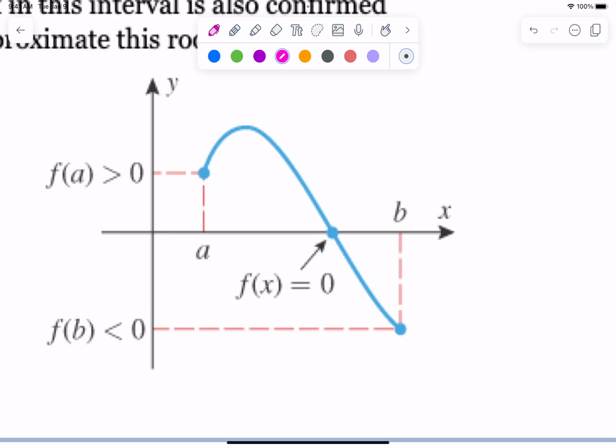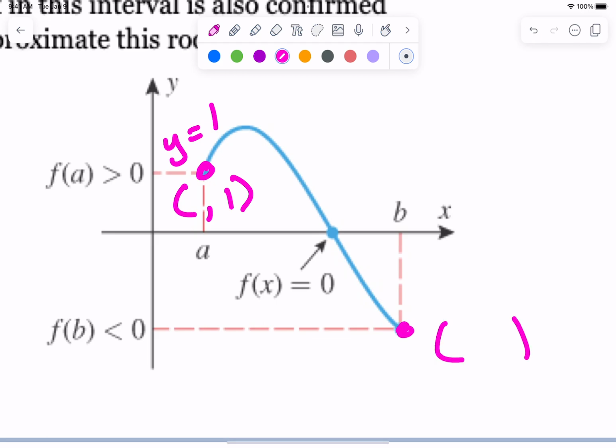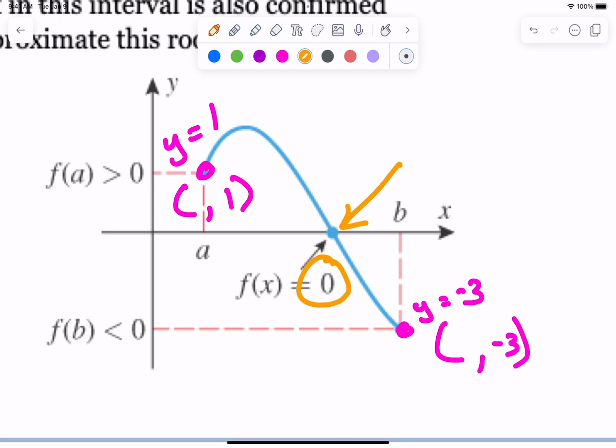The best application of the intermediate value theorem says that, let's say this point has a y coordinate of 1, so something comma 1. We don't care what it is. And this point down here is something comma -3. We know, because it's continuous, that there has to be a place where the y coordinate is 0, where it's going to cross the x-axis.